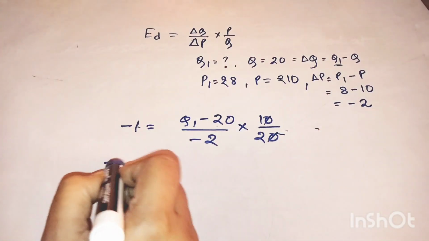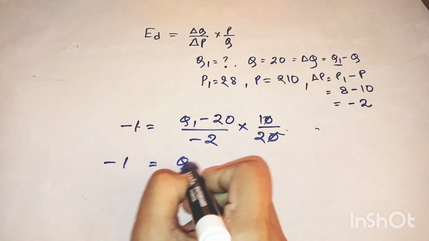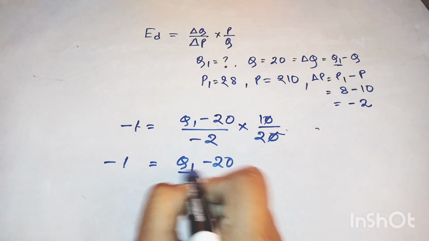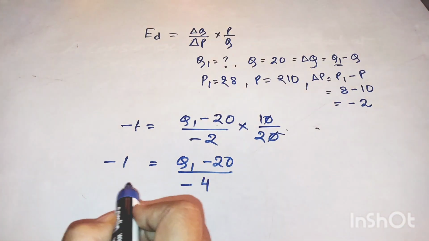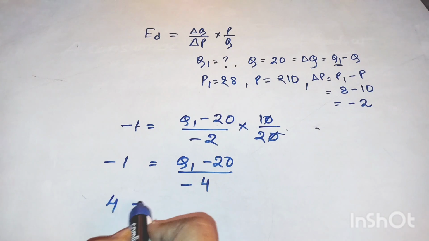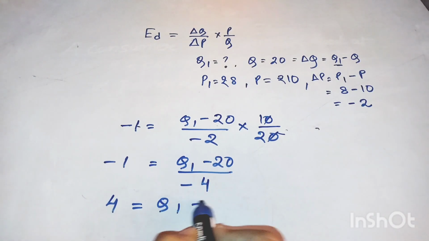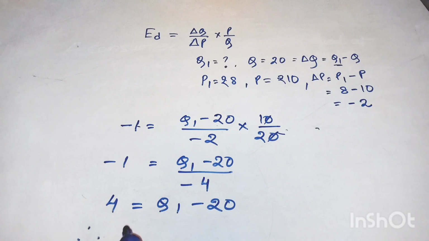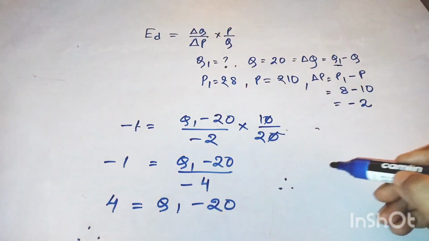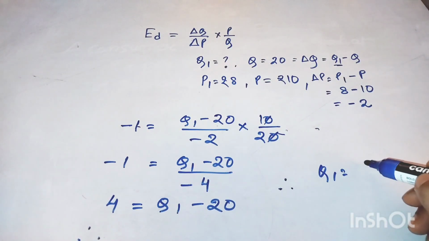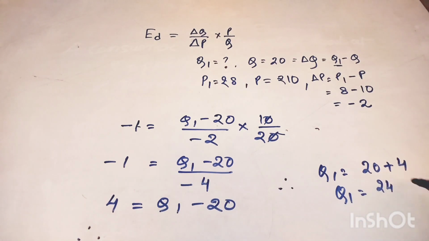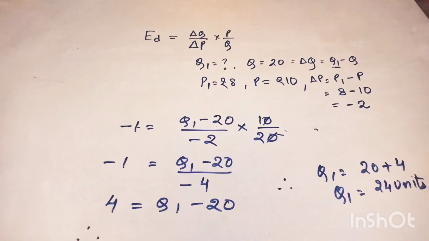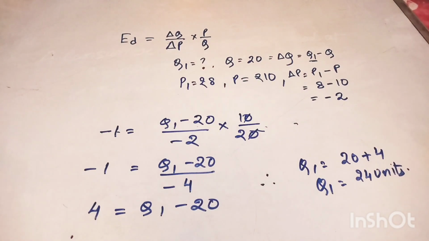Next you do: -1 will be equal to Q1 minus 20 by -4. So this one will be 4 equal to Q1 minus 20. Therefore Q1 will be equal to 20 plus 4. So Q1 will be equal to 24 units.